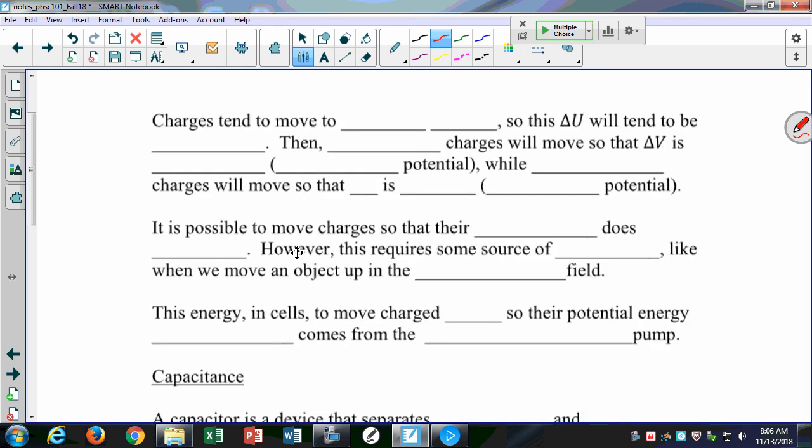Okay, so charges tend to move to lower potential. Right? Think about our mountain. They move from high to low potential. So this delta U will tend to be negative.